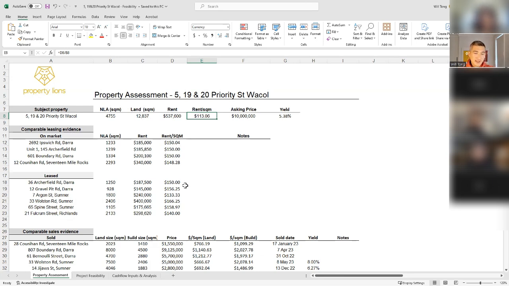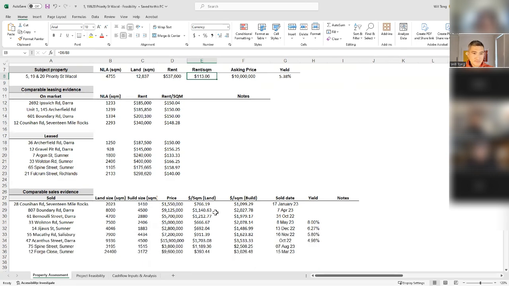So you can see all these properties, with the exception of a couple, were all getting $150, $160 per square meter. We also looked at a bunch of sales evidence, what properties have been transacting at the time. So this data is from last year. Some of these numbers are not relevant today, but again, it gave us enough information to formulate a view on what the market rent and market price should be for a property like this.